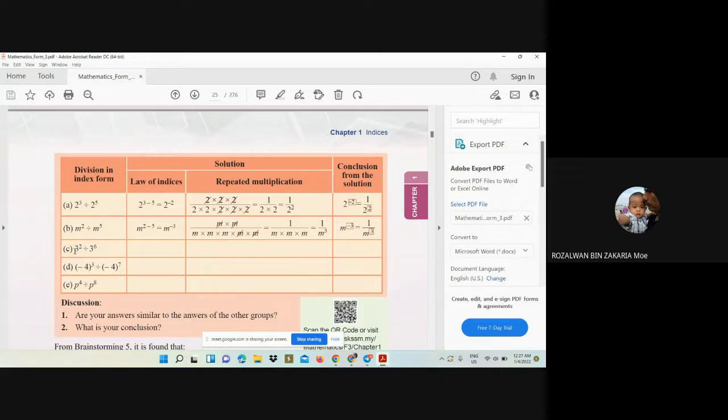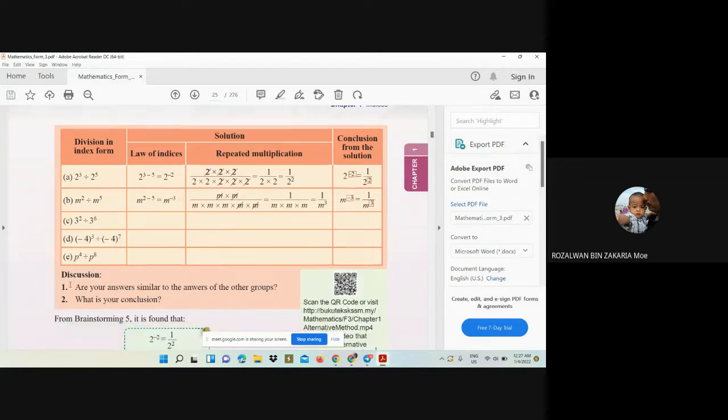If you solve this one, c, d, and e, you will get, let's say for c, 3 power of minus 3, it is equal to 1 over 3 power of 3.